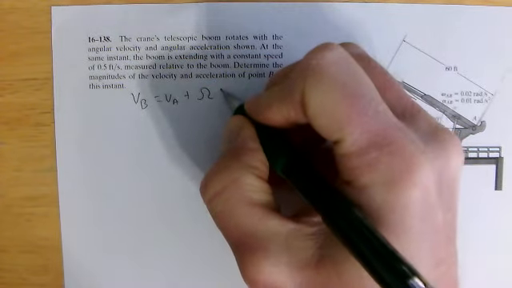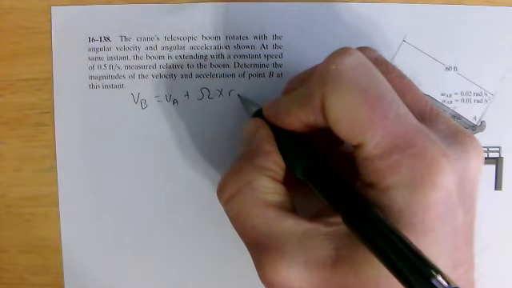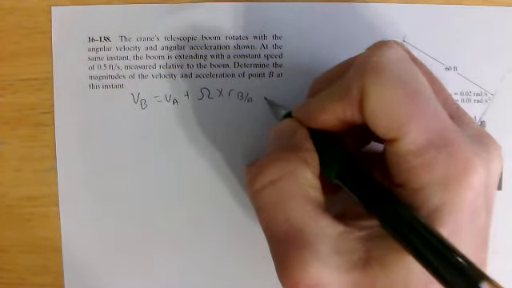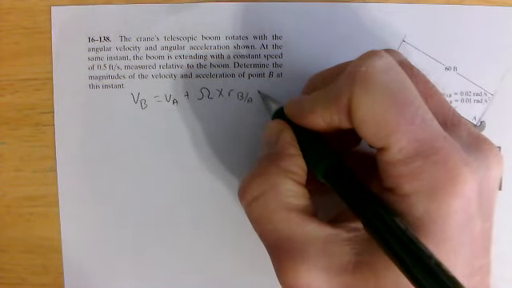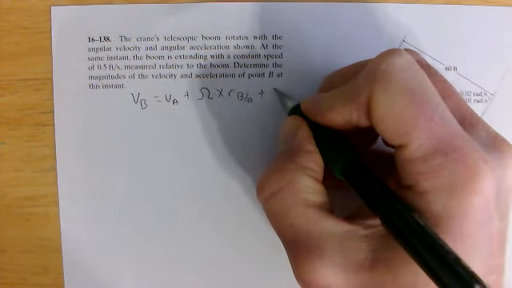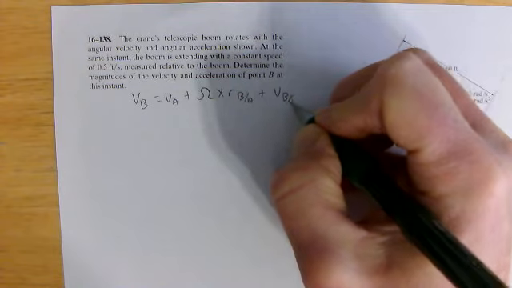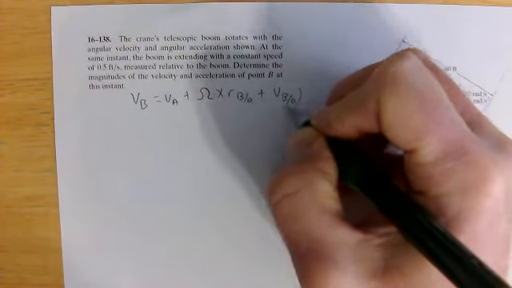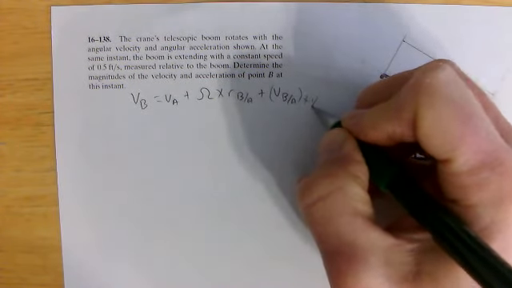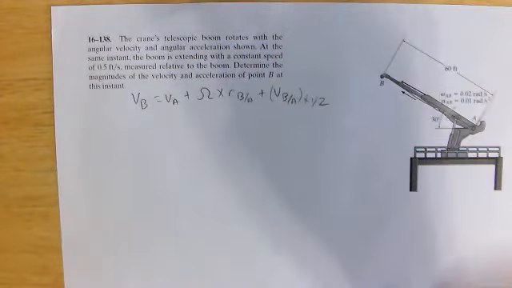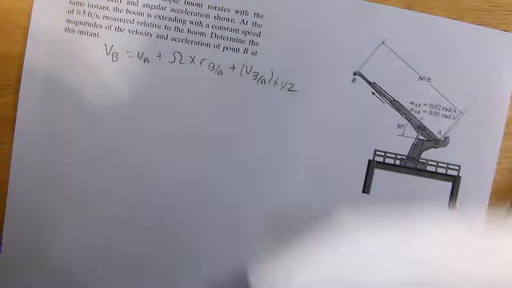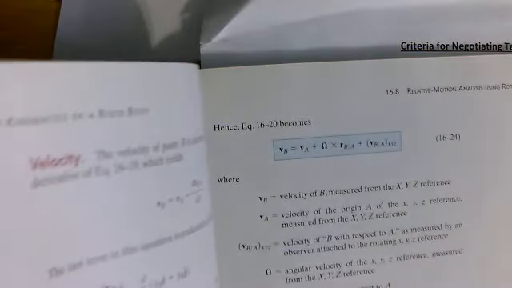omega cross R B with respect to A plus V B with respect to A in the XYZ. Alright, so I've got that equation from here. Now let's see if we can figure out what these things are.